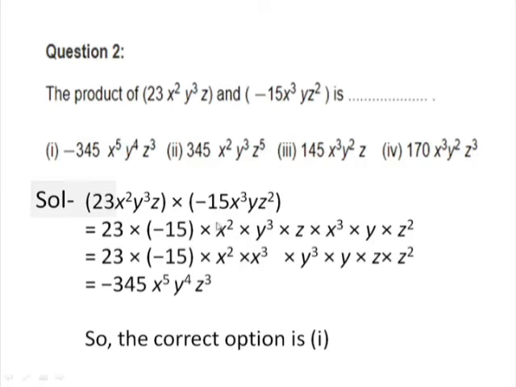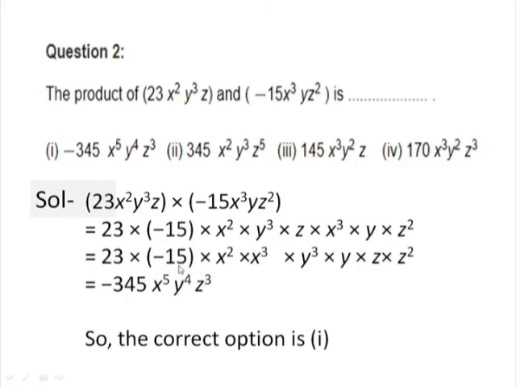Then x square, y cube and z are multiplied, that are the variables of the first monomial, multiplied by variables of second monomial, that is x cube, y and z square. Now 23 multiplied by minus 15 will remain as it is. Now bring the like variables together, that is x square and x cube, y cube and y, z and z square. Now let us multiply.